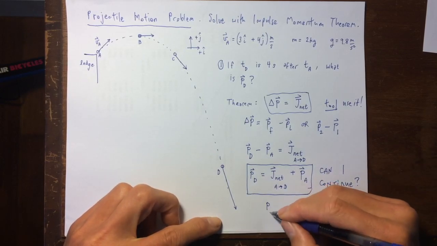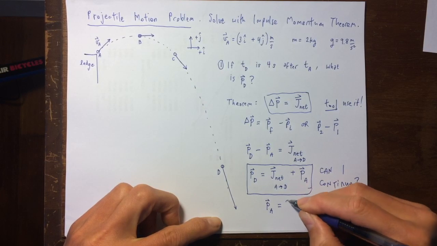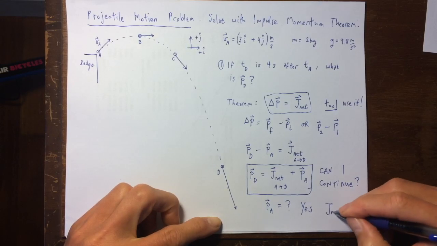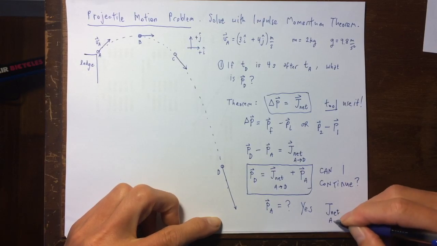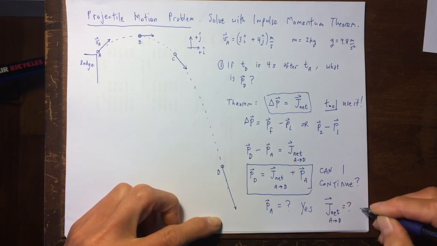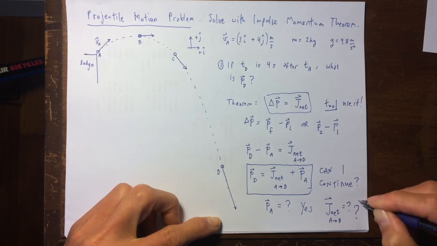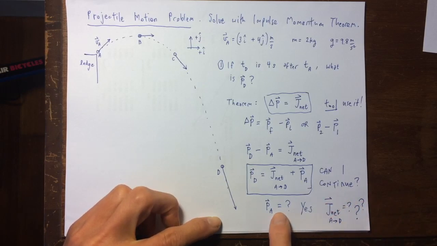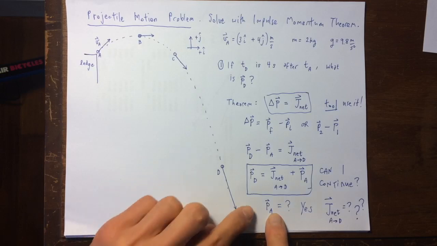Well, can I discover the value of this? Answer is yes. Can I discover the value of this? I'm going to put question marks because this is actually really tough. This, though, I hope that you agree is actually easy.